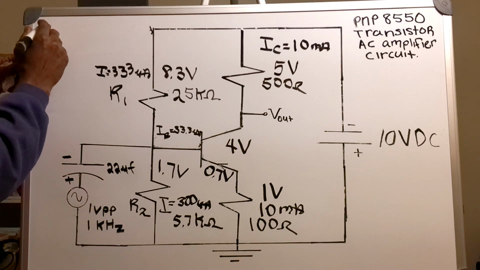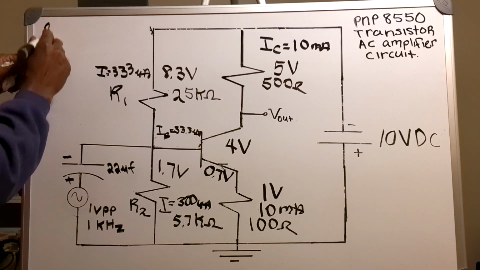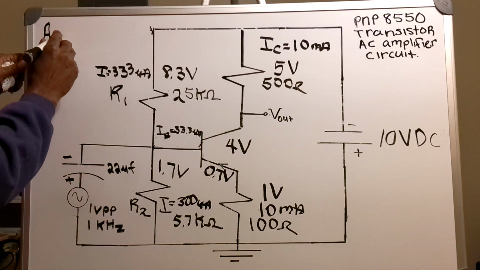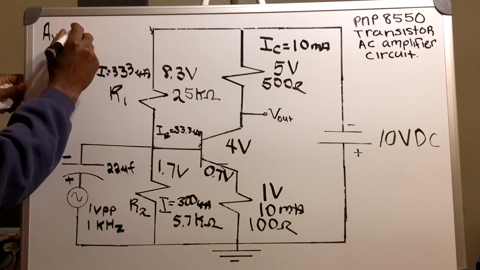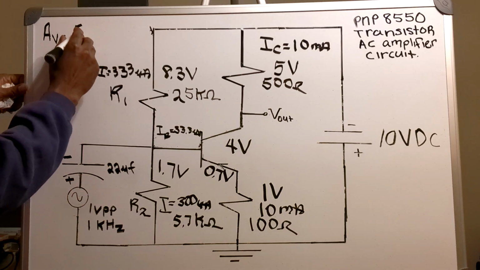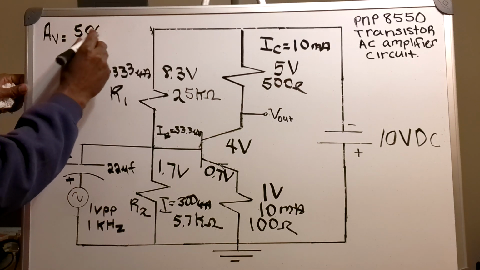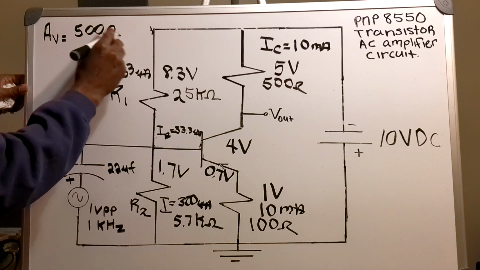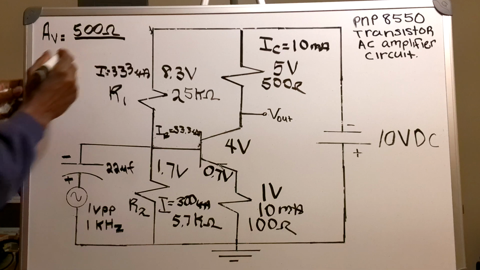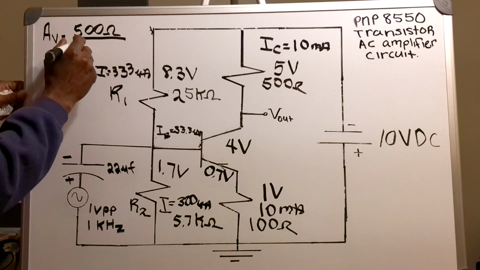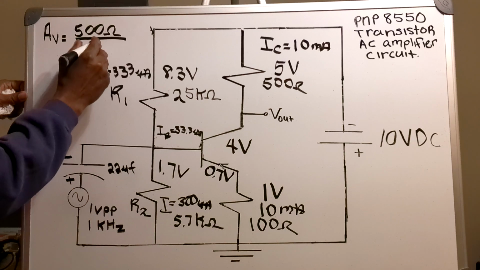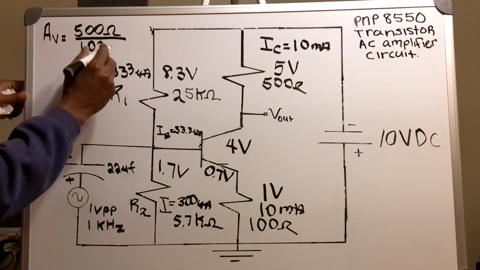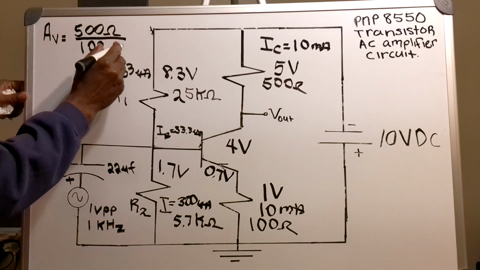And the voltage gain AV equals 500 ohms divided by 102.6 ohms.